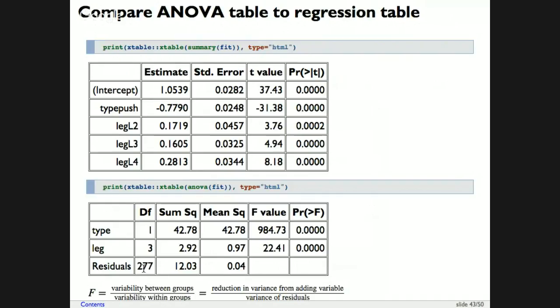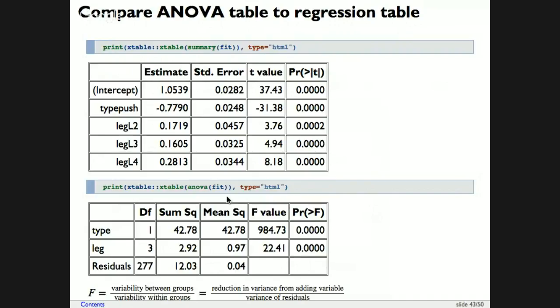One other, maybe that I'll just mention, useful application of analysis of variance is for comparing two nested models. As long as you use the same data, you can fit models using two different model formulas. They can be very different models.